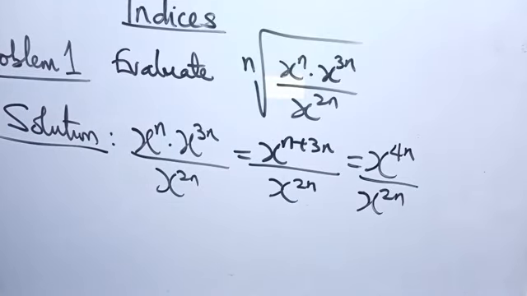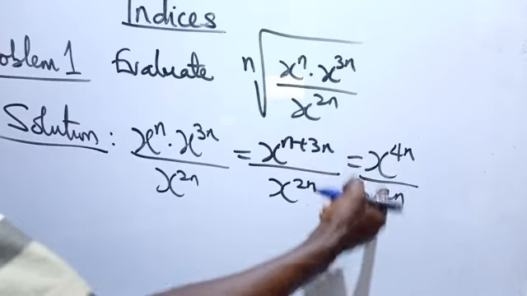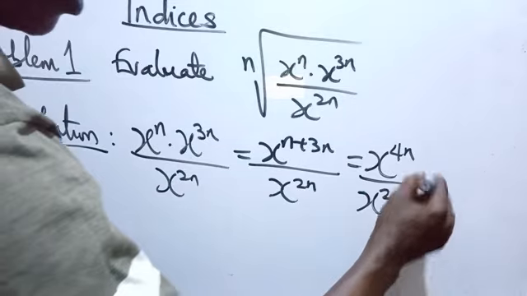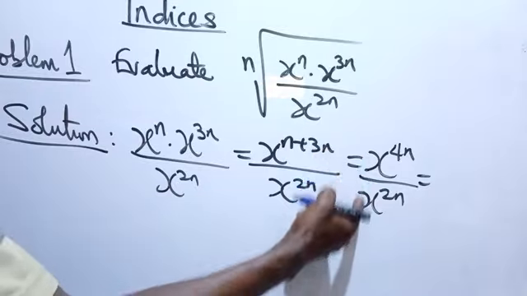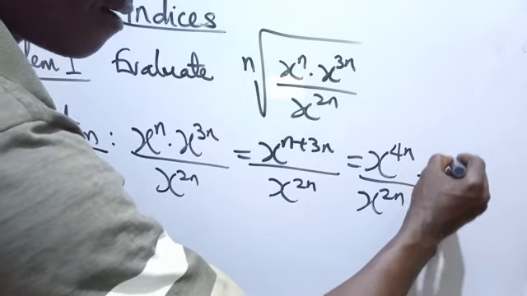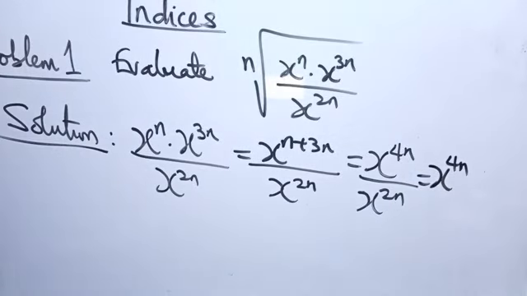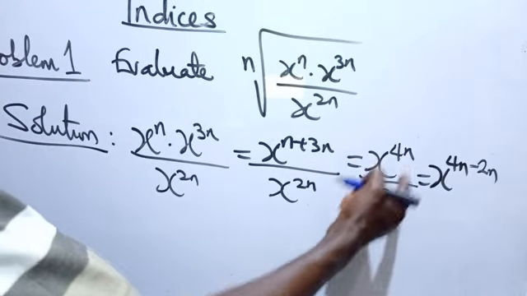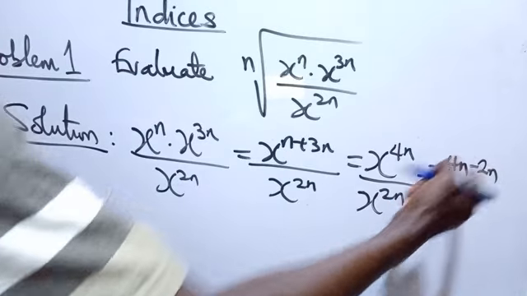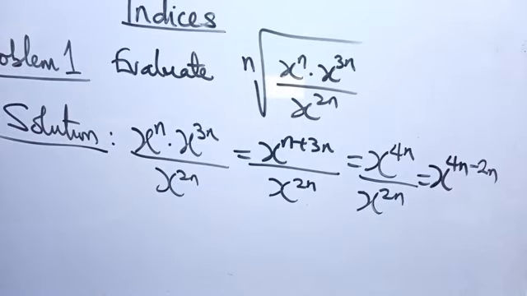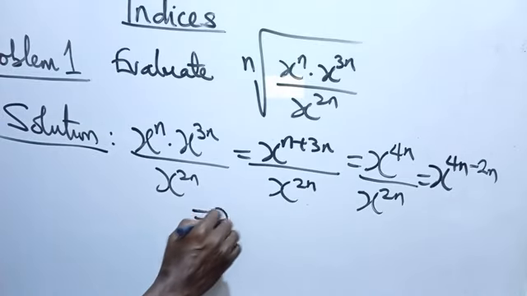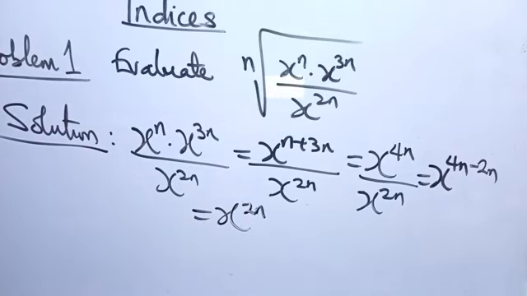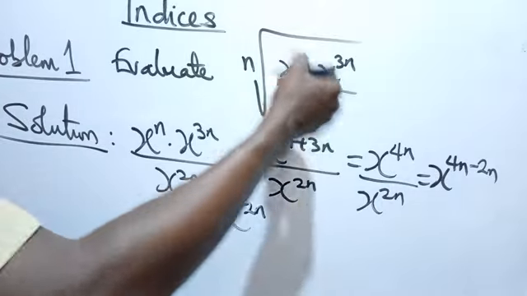Now, according to the law of indices as well, if we have the bases being divided, and the bases are common, it's going to be x raised to the power 4n minus 2n, because when this 2n goes up, it becomes minus, simply because we are dividing. So that will give us x raised to the power 4n minus 2n, that is 2n.